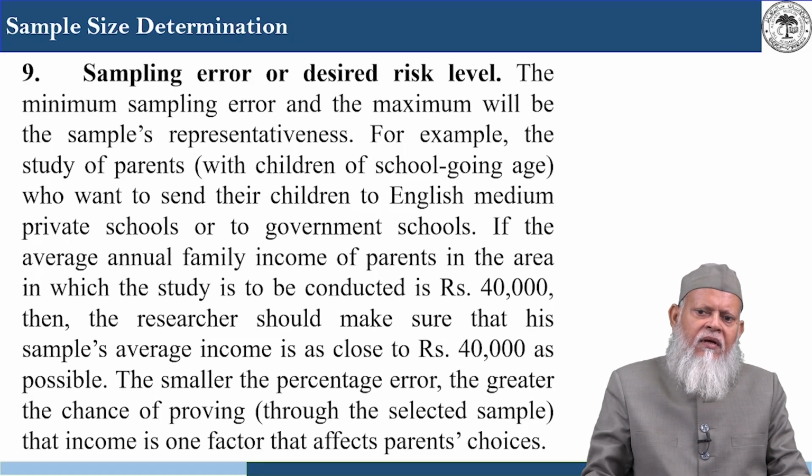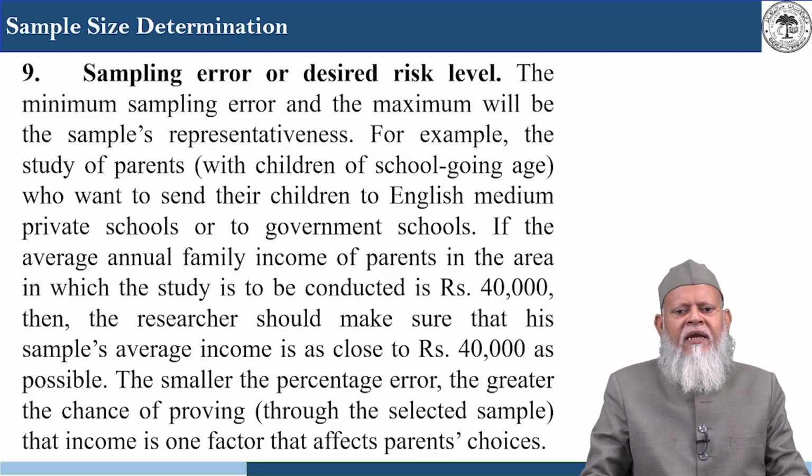The next is the sampling error or desired risk level. The minimum sampling error and the maximum confidence decide the sample's representativeness. For example, in a study of parents, whether they want to send their children to English medium private schools or to government schools, we are studying that.